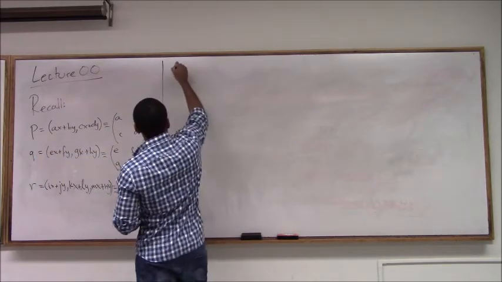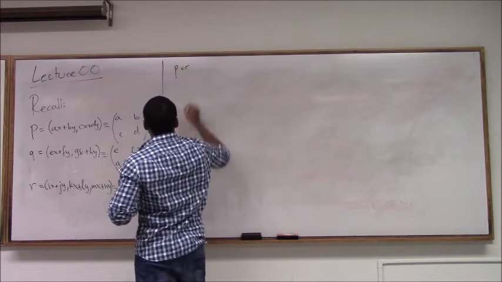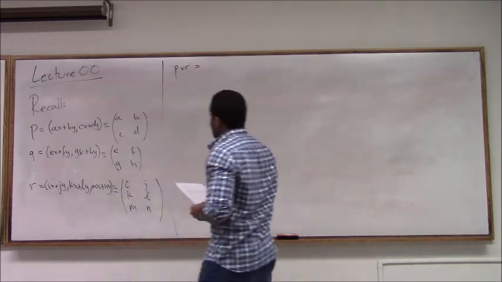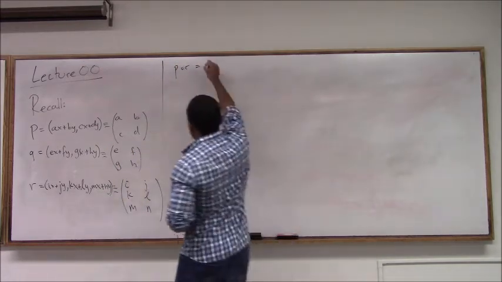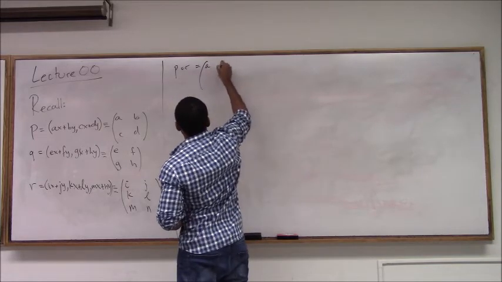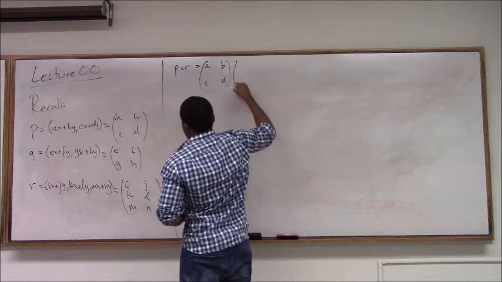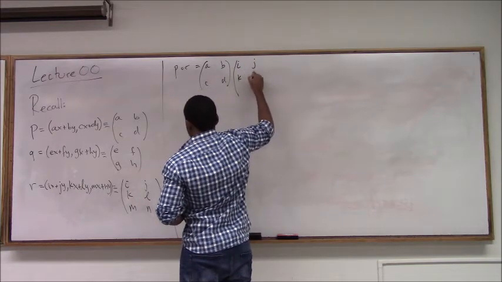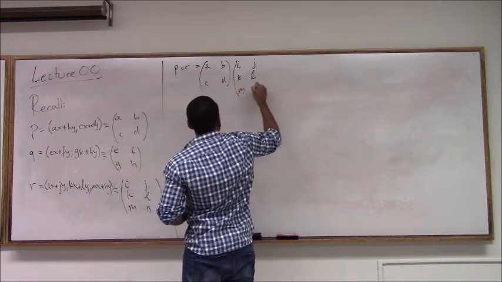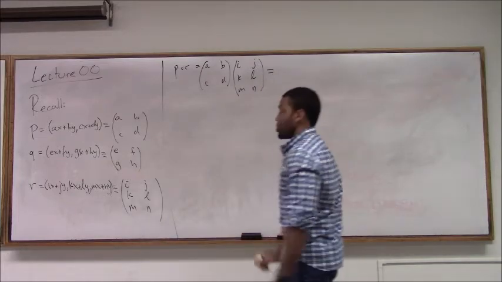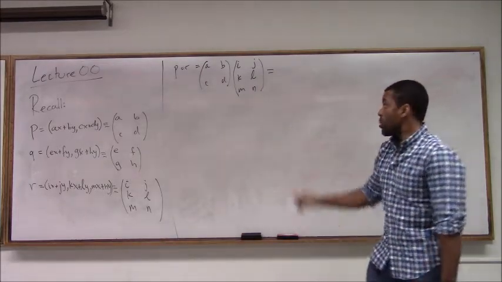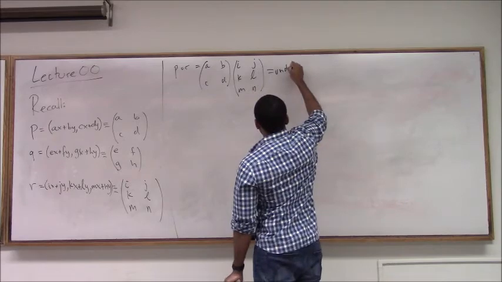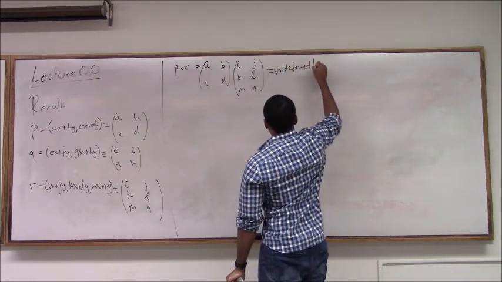We tried to compute P of R, which I can write down as this, a, b, c, d, and put the R right beside it, i, j, k, l, m, n. And we found that the answer was what? It was undefined, right?